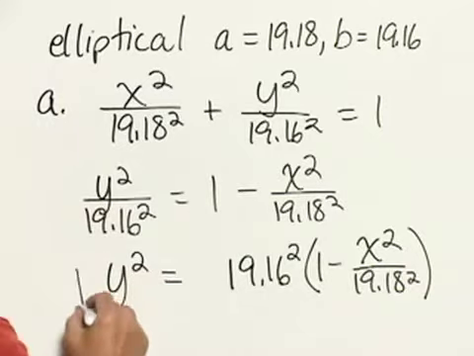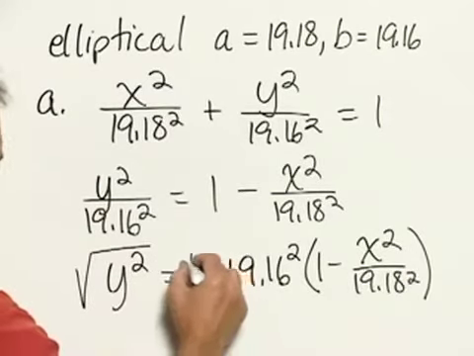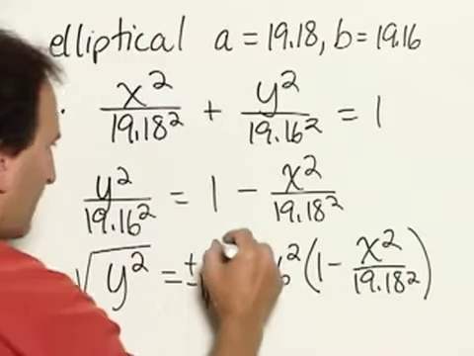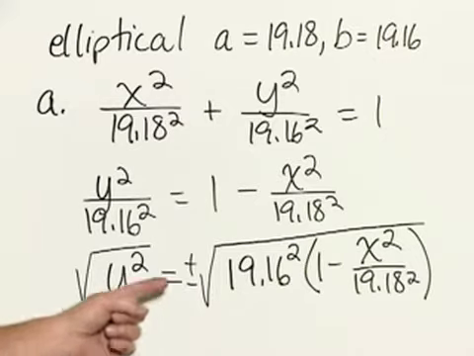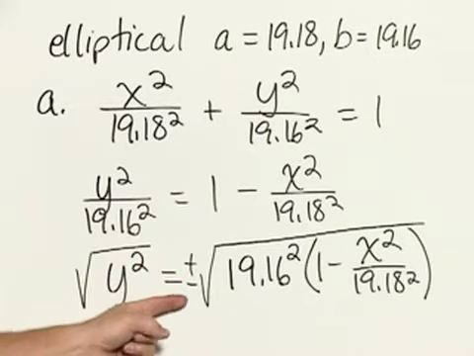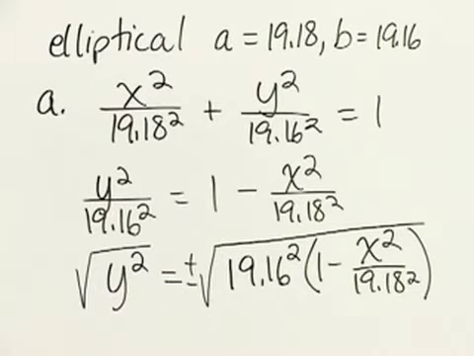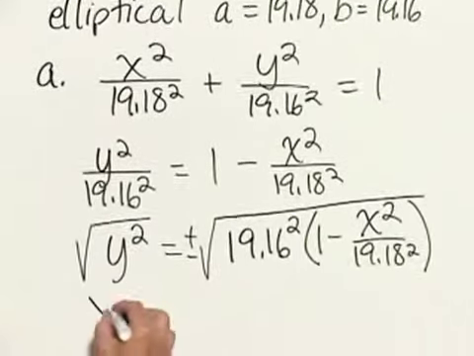When we take the square root of both sides, we have to put the plus or minus on the right-hand side. Now, of course, the square root of y squared is just y. So we have solved for y, and it's giving us two equations, the version with plus and the version with minus.